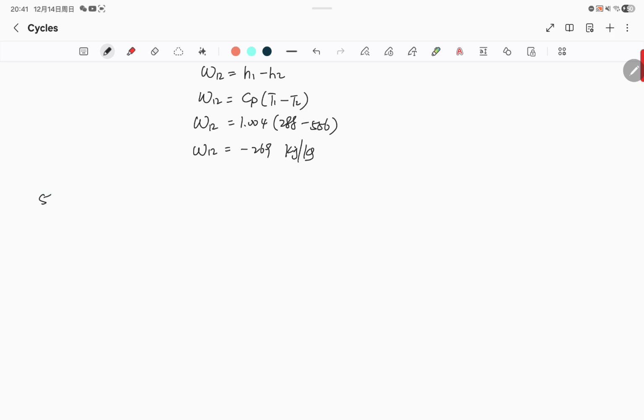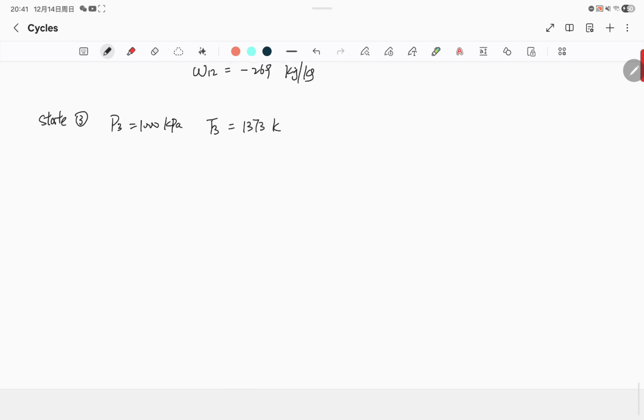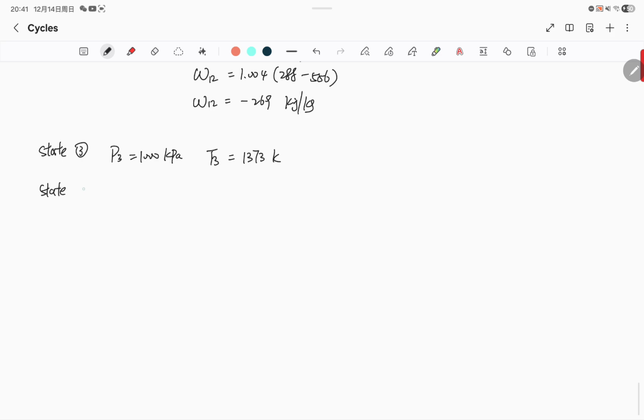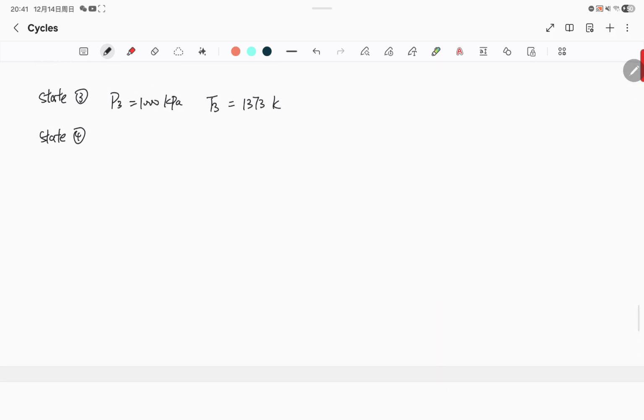Then we can move on to state 3. At state 3 we have pressure 3, which is the same as pressure 2 because it's an isobaric process. 1000 kilopascal. We also have T3 that's given. So done. State 4. What we have is pressure 4, and that's 15 kilopascal less than P1, so 85 kilopascal.